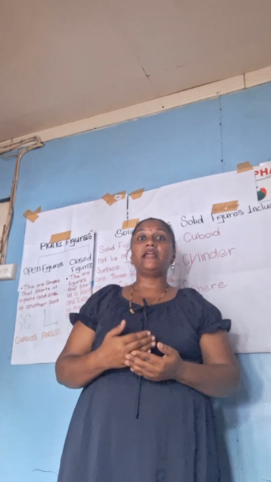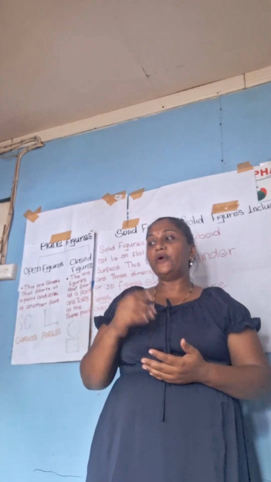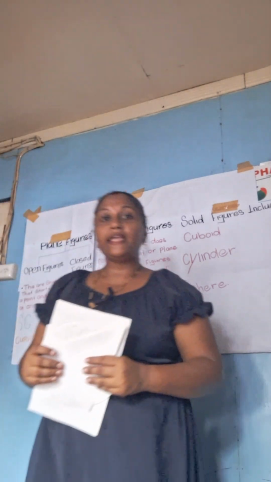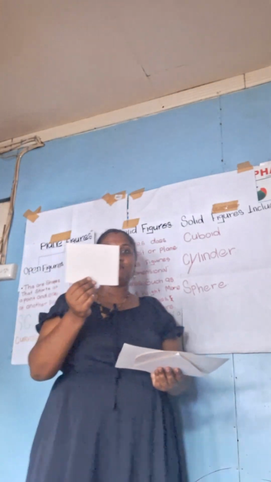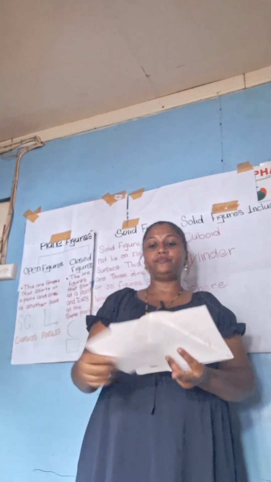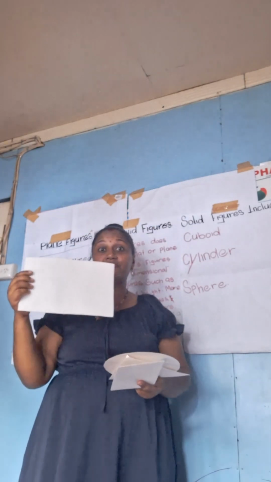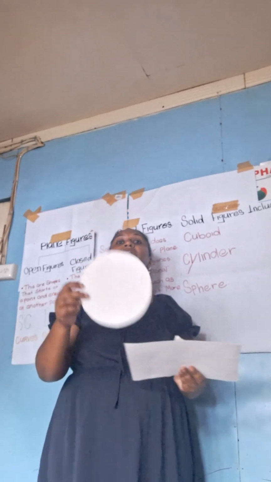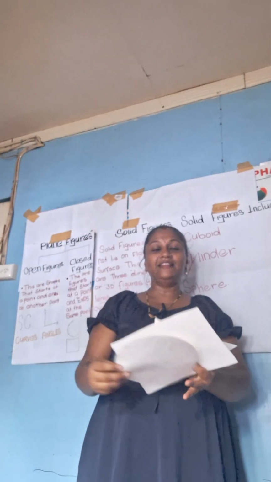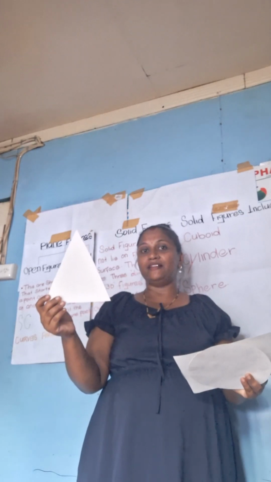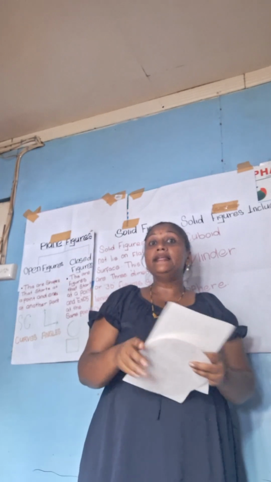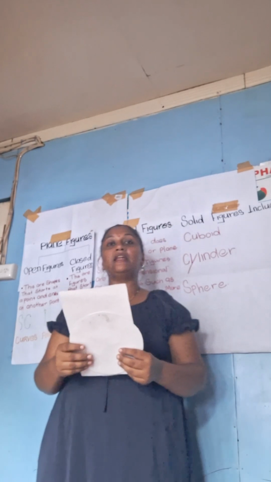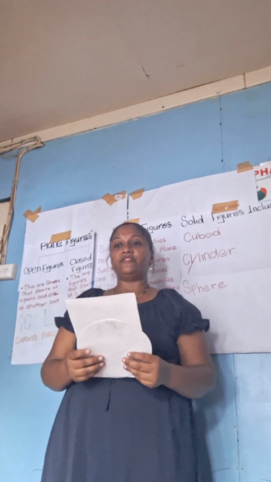For example, we can draw a square, we can also draw a rectangle, a circle, as well as a triangle. These are examples of plane figures. Plane figures are figures that can be drawn on a flat surface.